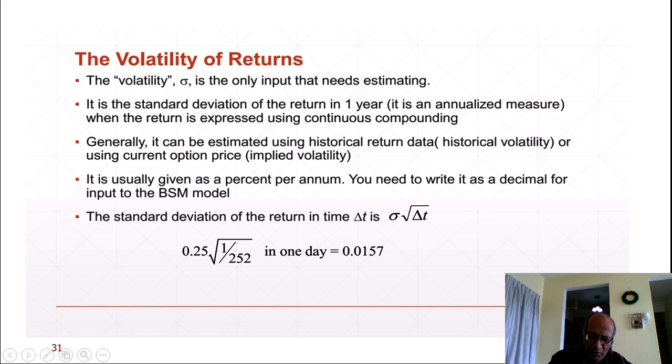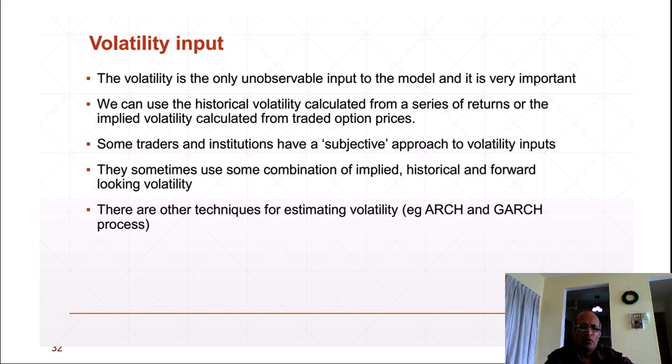Okay. Now, volatility input. The volatility is the only unobservable input in the model and is very important, as I told you, without which you can never estimate the Black-Scholes-Merton model's call price or put price. We can use the historical volatility to calculate a series of returns, or the implied volatility to calculate from the traded option price.